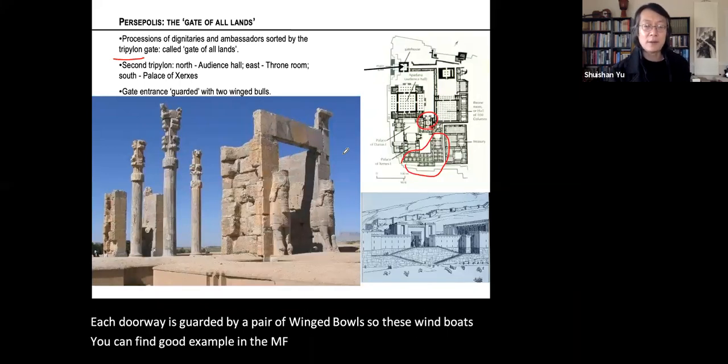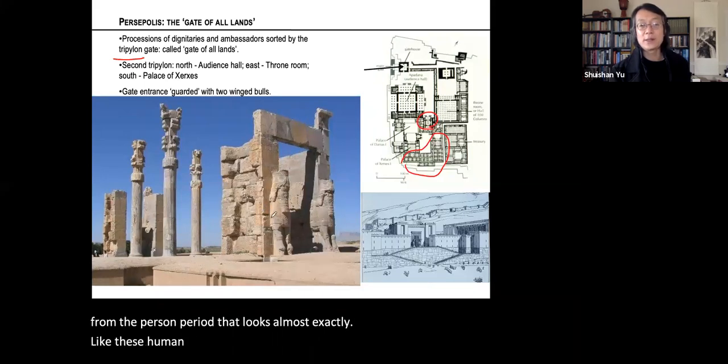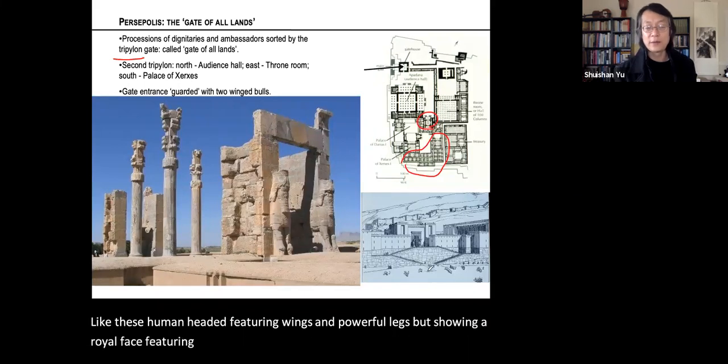Some of them were from the Persian period and look almost exactly like these. Human-headed, featuring wings and powerful legs, but showing a royal face, featuring those long beards that were characteristic of rulers.